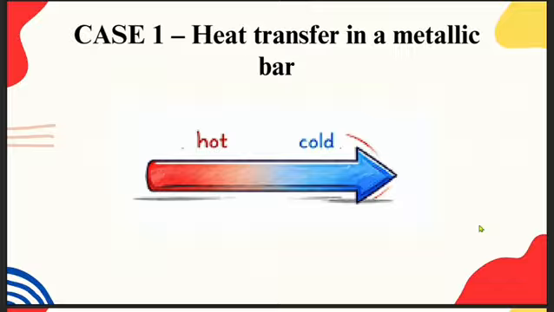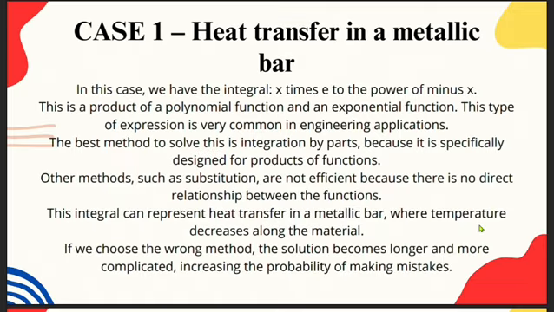Case 1. Heat transfer in a metallic bar. In this case, we have the integral of x times e to the power of minus x. This is a product of a polynomial function and an exponential function. This type of expression is very common in engineering applications.